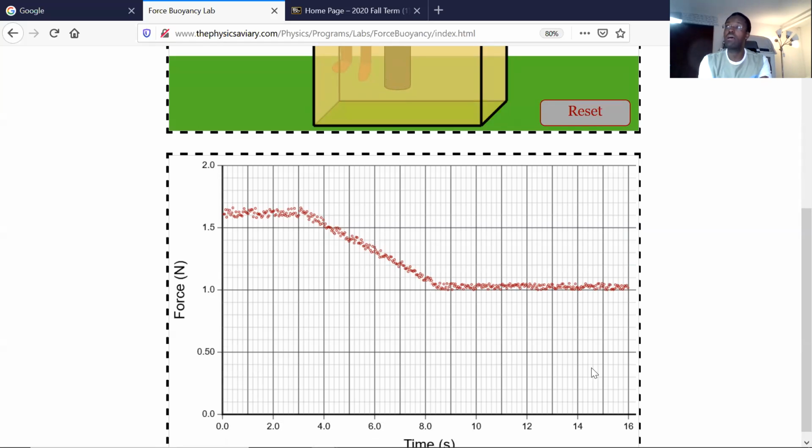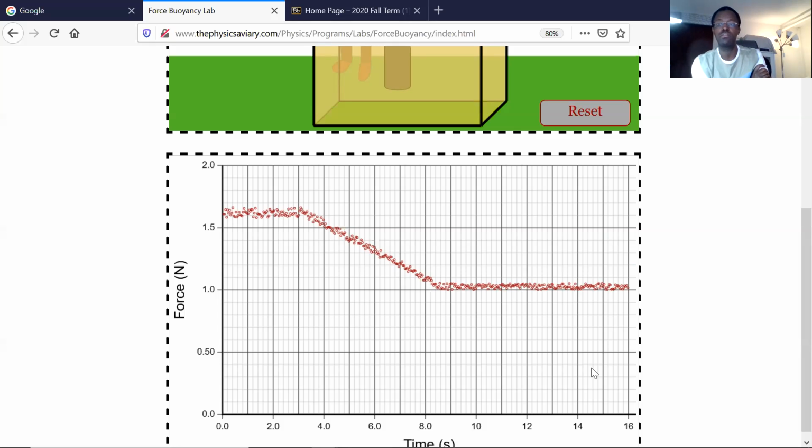Since this is the graph of the apparent weight of the bottle submerging in gasoline on the moon, and we know that the buoyant force is the actual weight minus the apparent weight, what is the actual weight of this bottle?